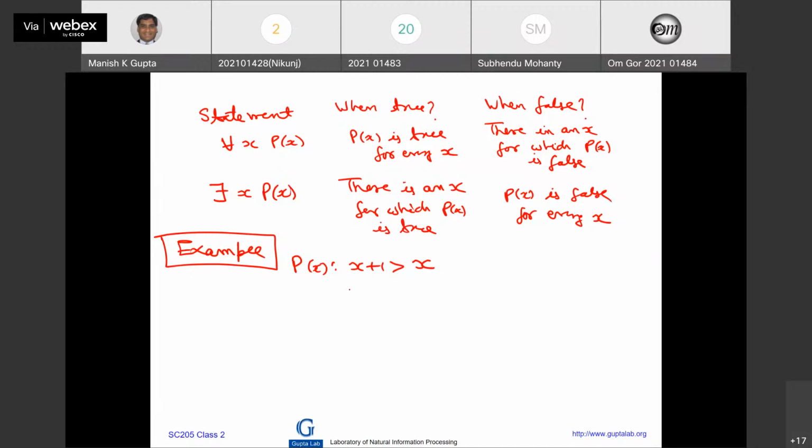So this is actually, I can say that for every x, P(x), right? Where the domain is real numbers. Do you agree? Because this will be true, right? For every real number x, this will be true. So for every x, P(x), where the domain is R, right?